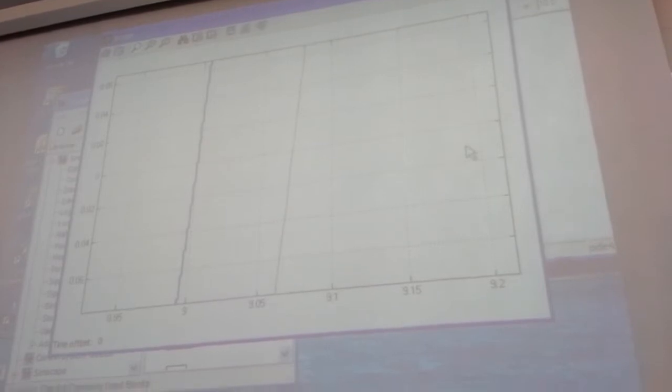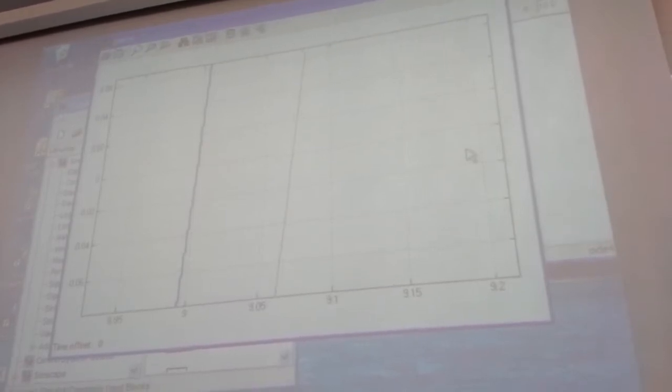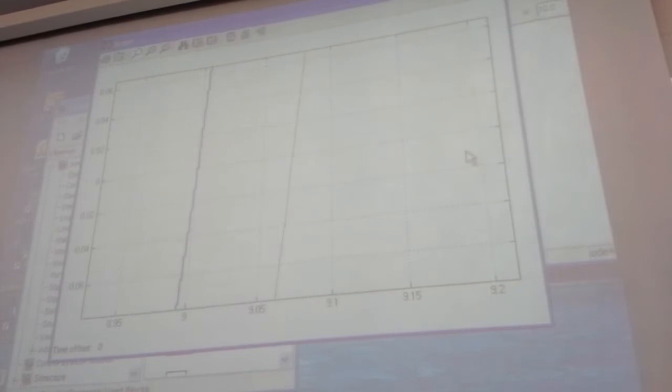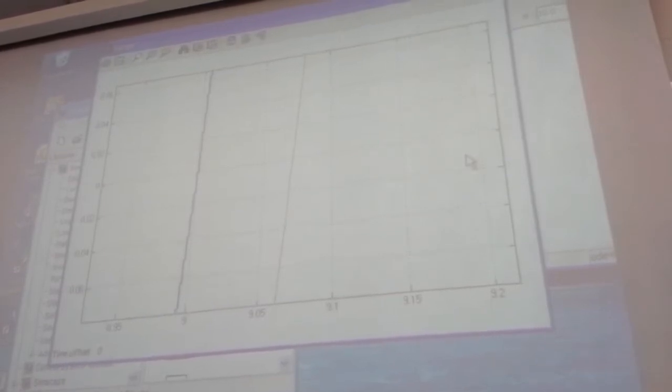So what is the phase delay? You're going to have 2 pi times 0.065. Wait a minute, that cannot be.